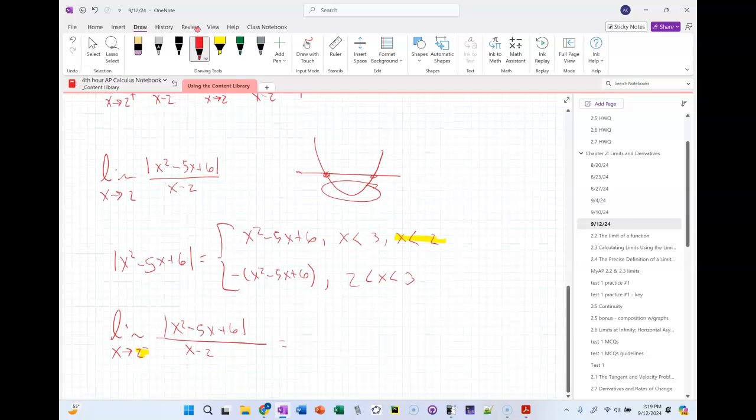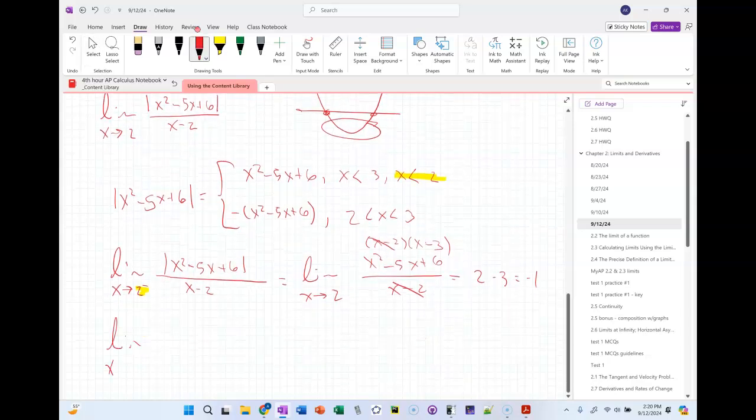So if I do that, I'm here. So those can reduce. And when I plug in, I just get -1.